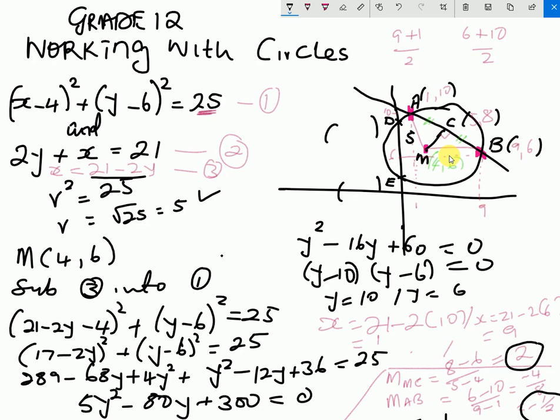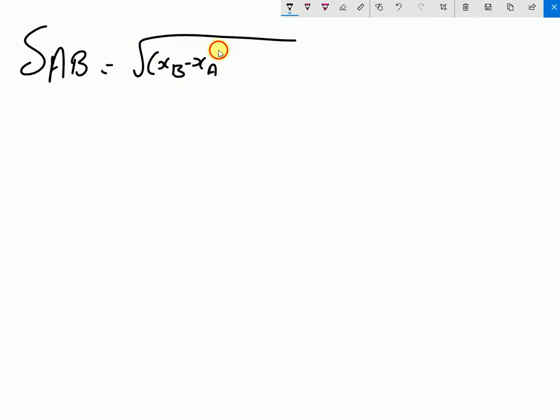So let me determine, I need a space here. Determine the length of AB. Do you still remember? The distance is the square root of (x at B minus x at A) squared plus (y at B minus y at A) all squared. All right.